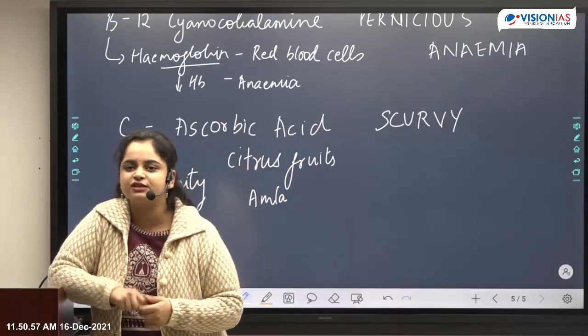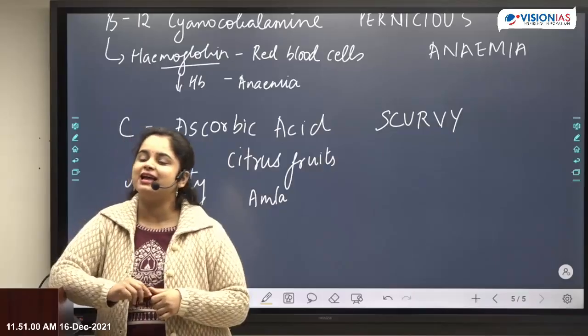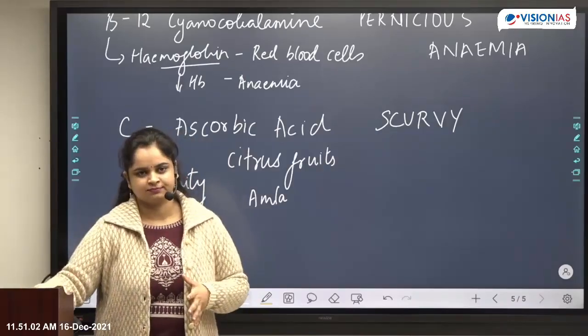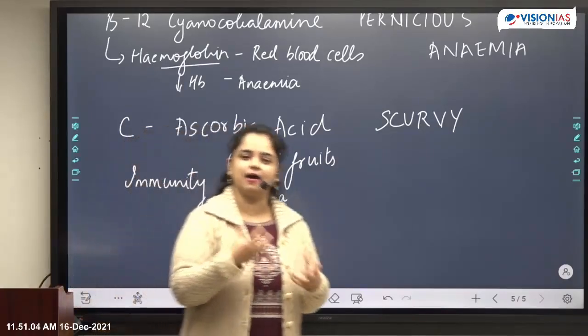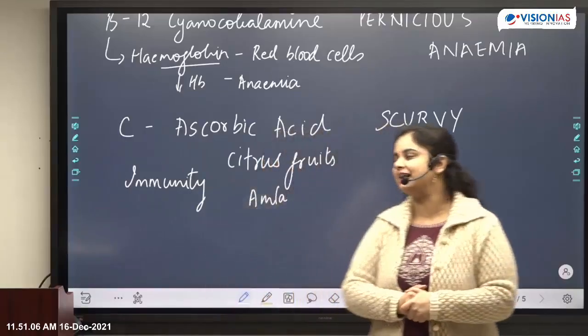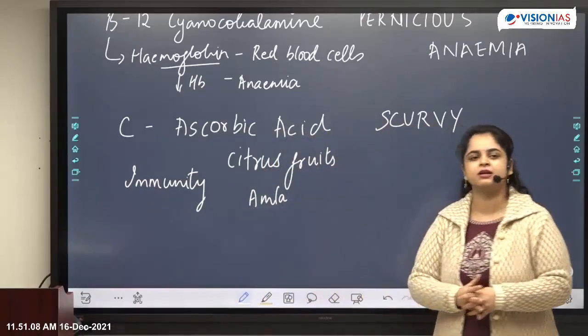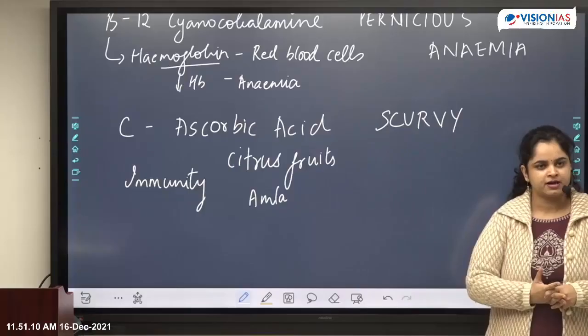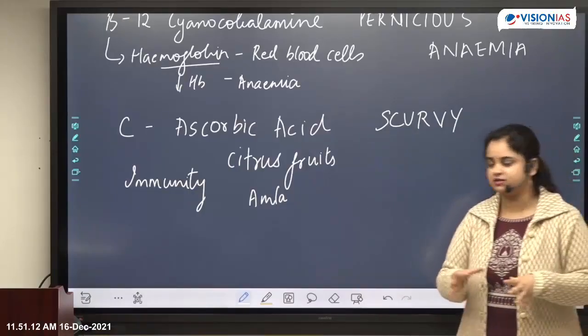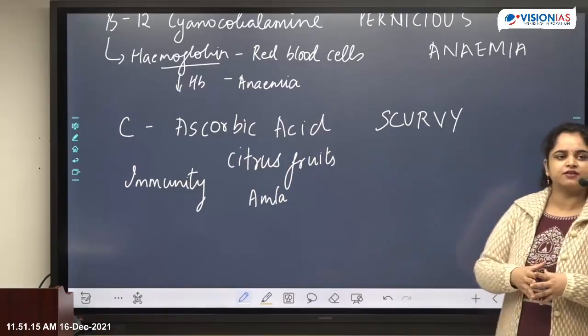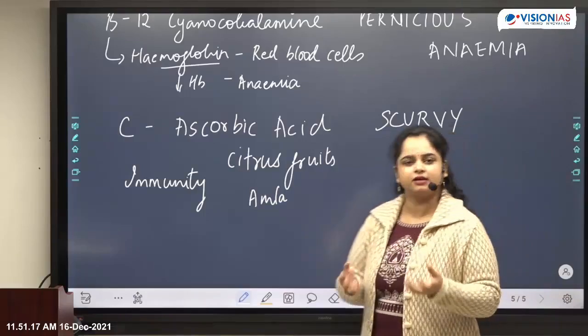So the observation which was made was that they had bleeding gums. And that bleeding gums which was seen in sailors, that led to the discovery of this vitamin, vitamin C. Vitamin C deficiency causes scurvy, which is characterized by bleeding gums.